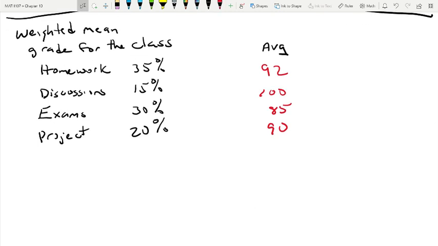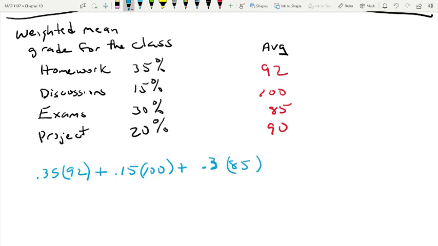So to do that, this is going to be 0.35 times 92 plus 0.15 times 100 plus 0.3 times the 85, and then 0.2 times the 90. And we put that all together, and you end up with a grade of 90.7.